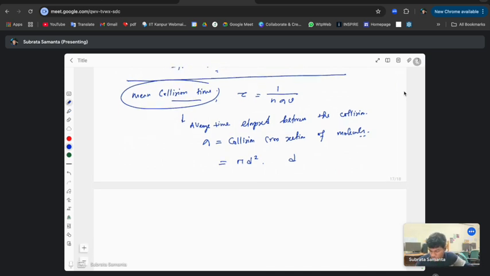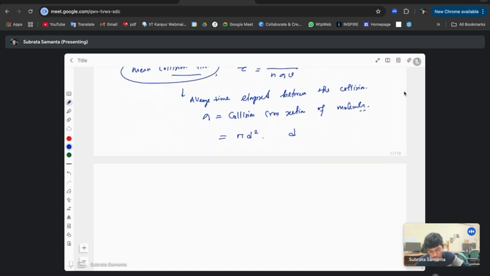So let's do one exercise, exercise 1, then it becomes more clear. Calculate the mean free path for a gas of nitrogen at room temperature.